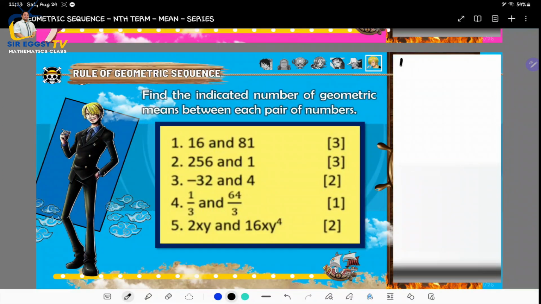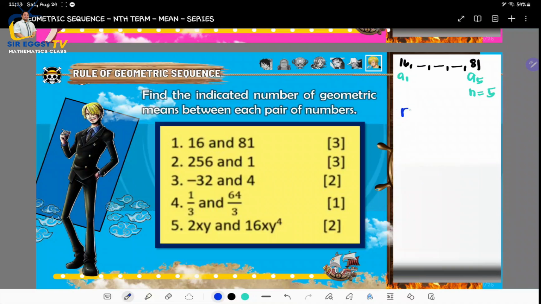terms in between 16 and 81. So that will be 16, 1, 2, 3, and then you have 81 here. As we all know, 16 is your a sub 1 and 81 is your a sub 5. A sub 5 is the last term, no? So your n now is equal to 5.